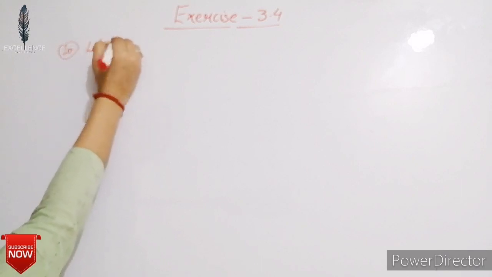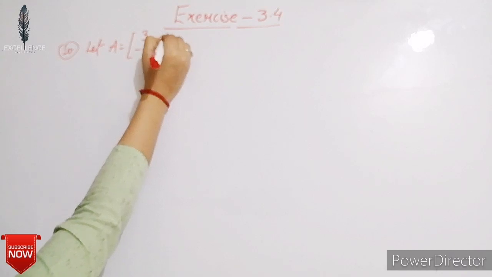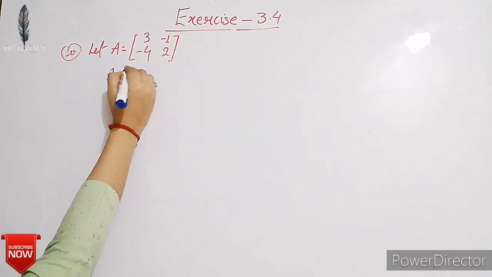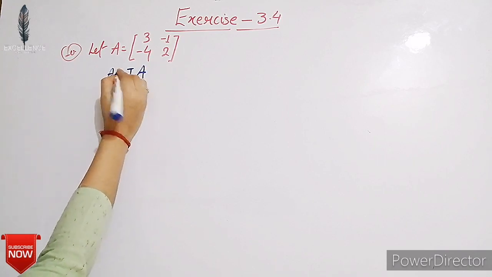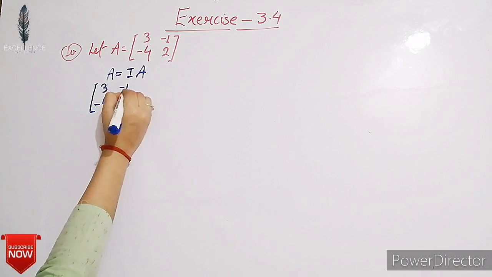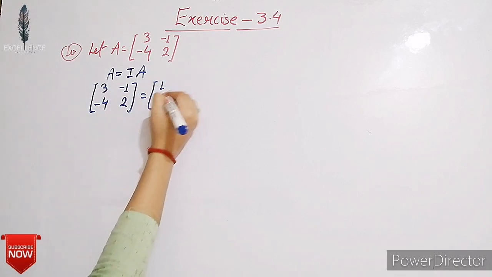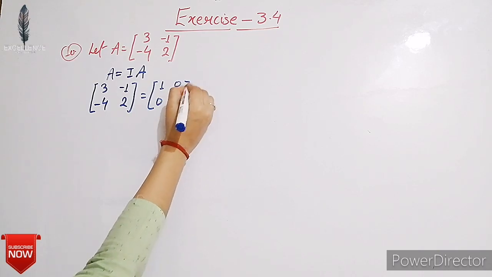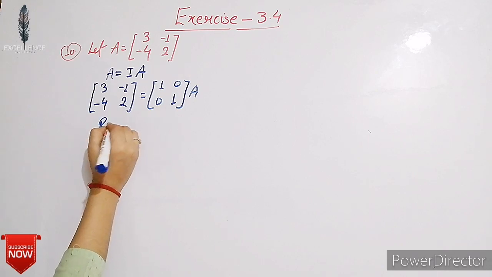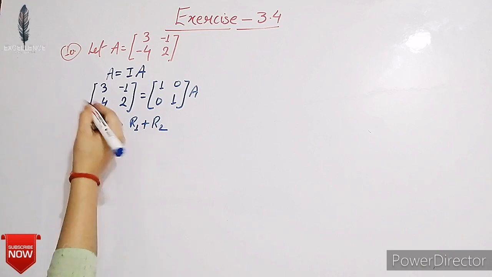Here we have to give A equals 3 minus 4 minus 1 2. Now A equals IA. So put the value of A, that is 3 minus 4 minus 1 2, and I is the identity matrix, that is 1 0 0 1 A. Now clearly we have R1 is such that R1 plus R2.